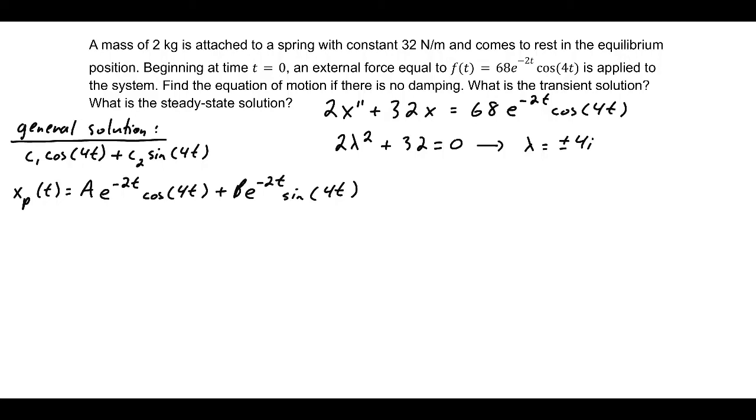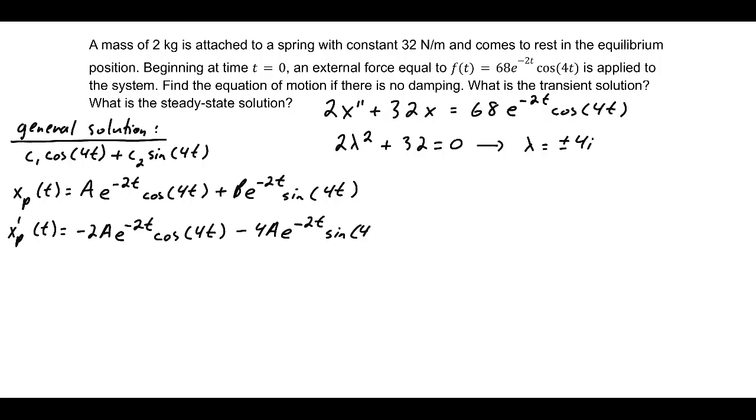So the first derivative, x sub p prime of t, will be equal to negative 2a e^(-2t) cosine(4t), minus 4a e^(-2t) sine(4t), minus 2b times e^(-2t) times sine(4t), plus 4b times e^(-2t) times cosine(4t).